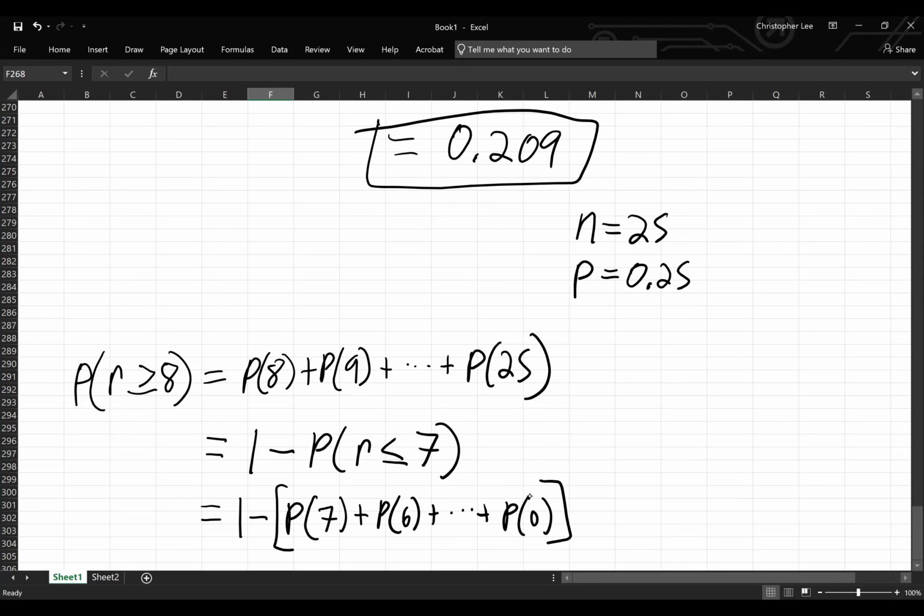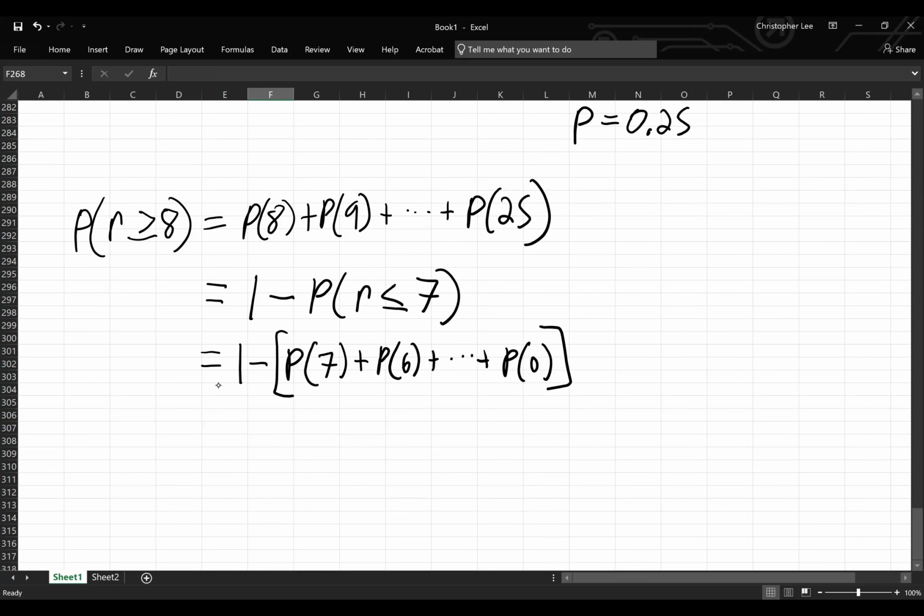That I could do in the calculator, right? Let's do it. So this is going to become 1 minus our binomial CDF, where my n is 25, and my p is 0.25.